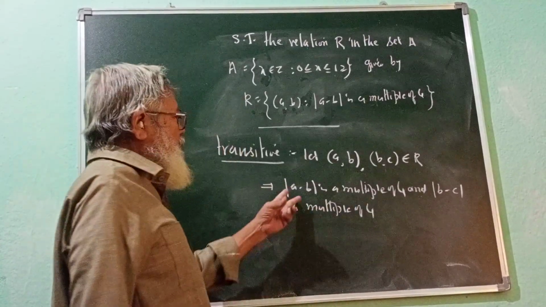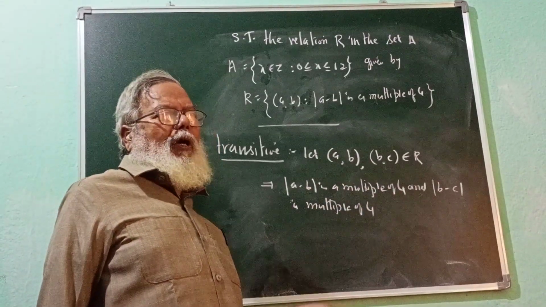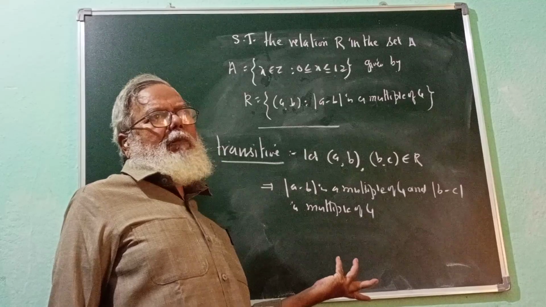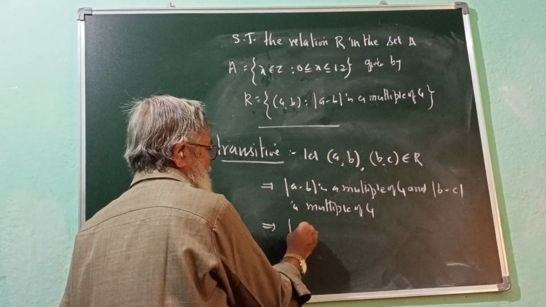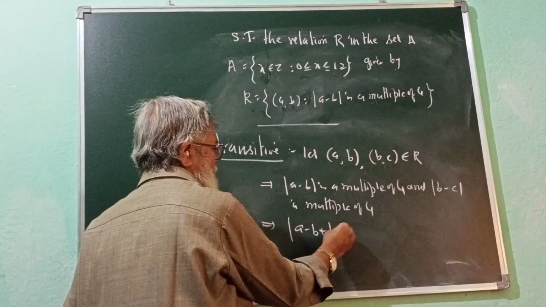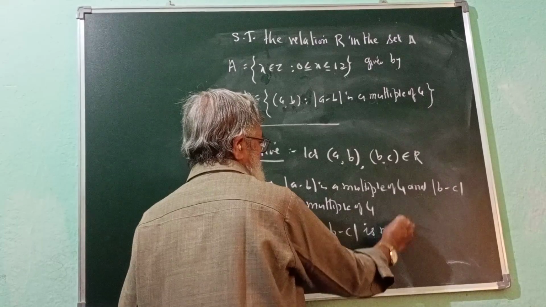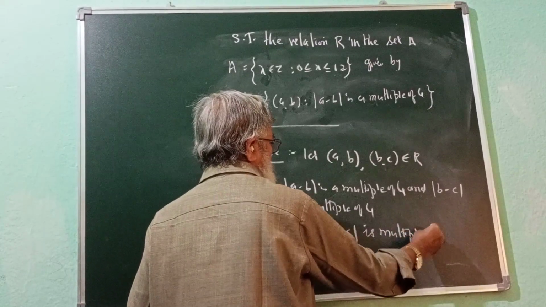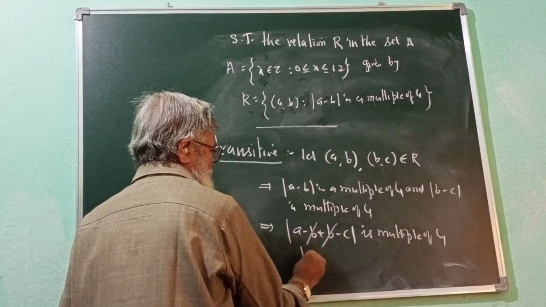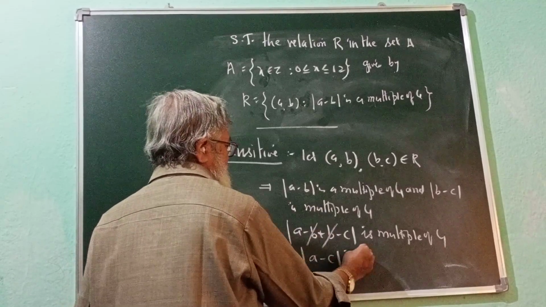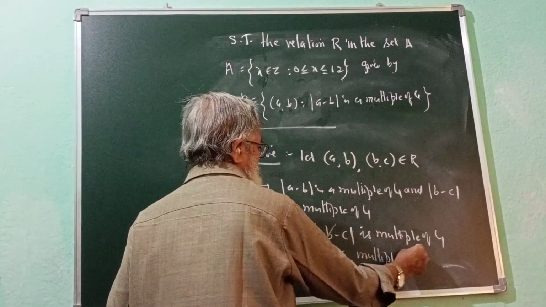When two different numbers are multiples of 4, then their sum is also a multiple of 4. Therefore, we can write, it means that mod of A minus B plus B minus C is a multiple of 4. Now plus B minus B get cancelled. Mod of A minus C is a multiple of 4.